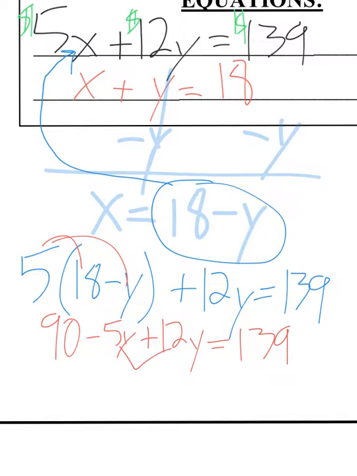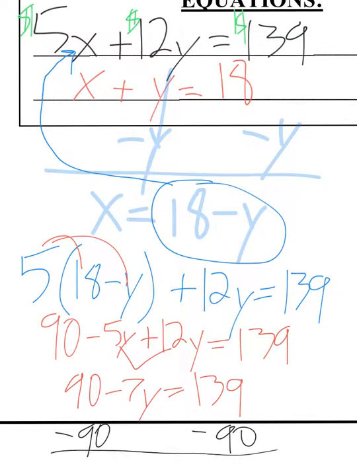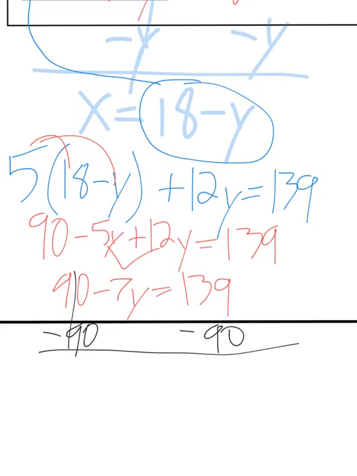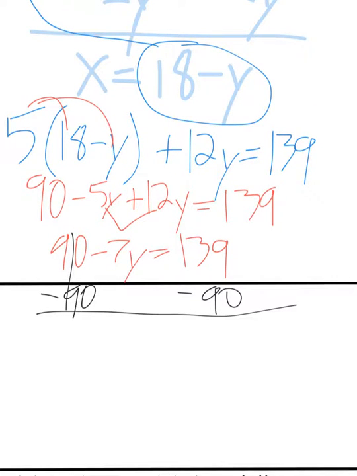And so I have 7y. So 90 minus 7y equals 139. So that means what I have to do now is subtract the 90 to the other side. And 139 minus 90 is going to be, what is that, 49? So I have negative 7y equals 49.